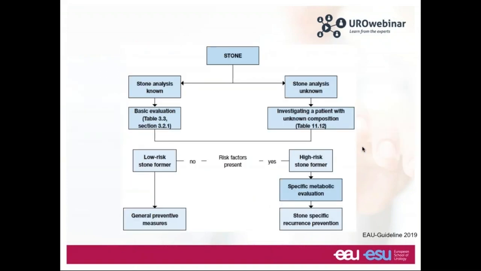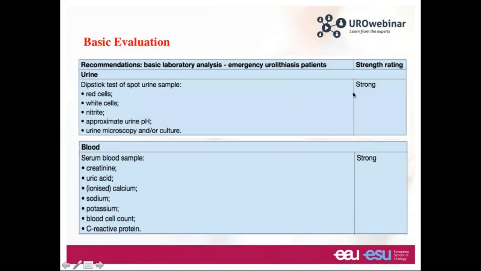Going back to the algorithm again, when the stone analysis is known, then you have to do a basic evaluation for every patient. So what is the basic evaluation? Again, under strong recommendation, a dipstick test or spot urine sample for red cells, white cells, nitrite. Urine pH is very important. Urine microscopy is very important.